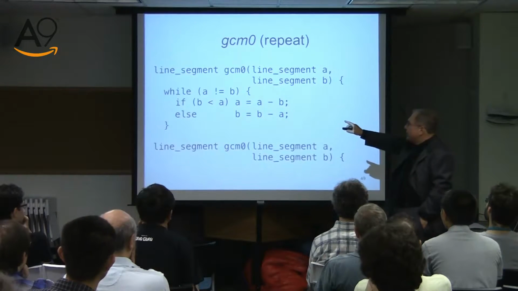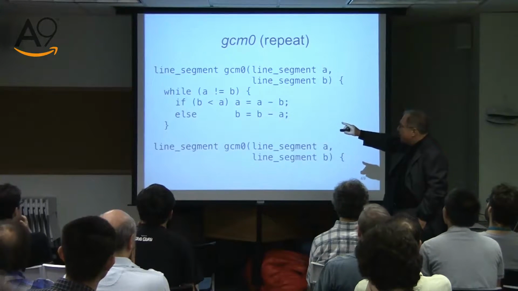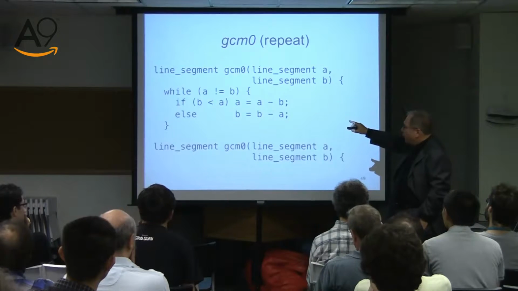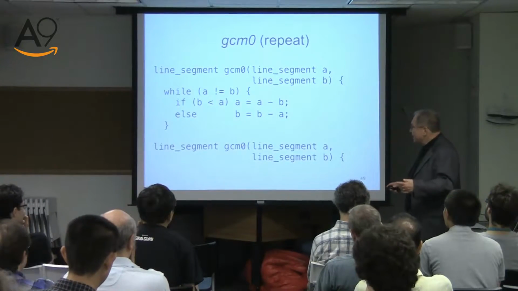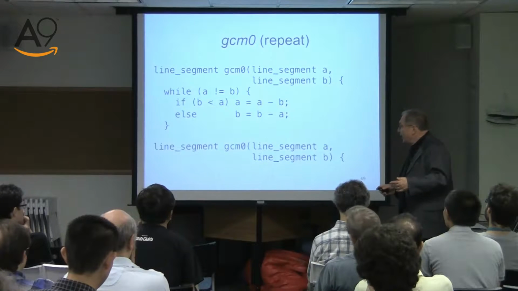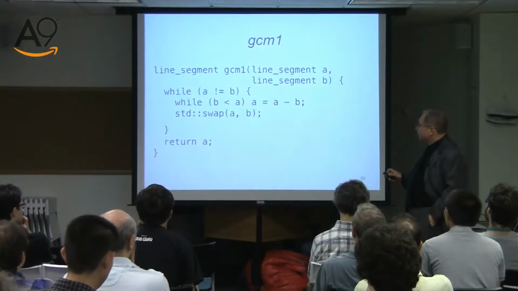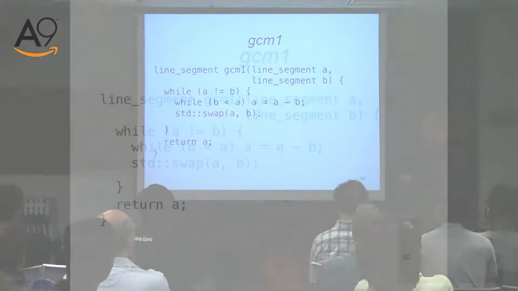What we do is we check for b less than a for as long as we can. Right? Sort of the idea being that, pardon me, here we don't, and here we do.